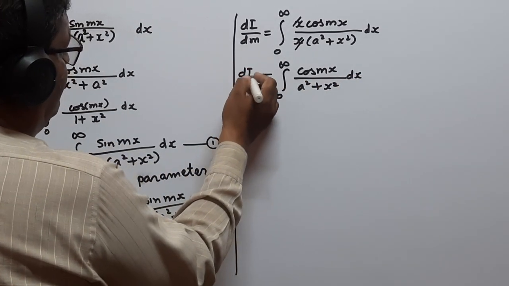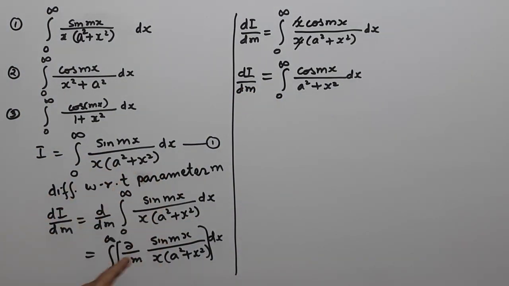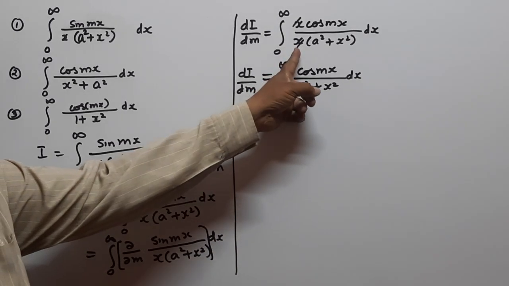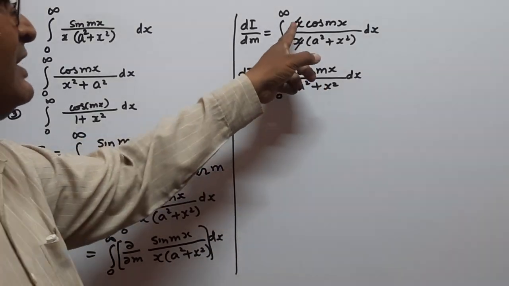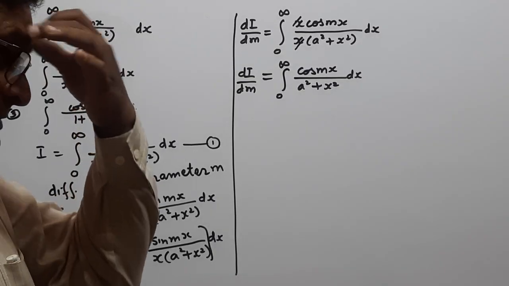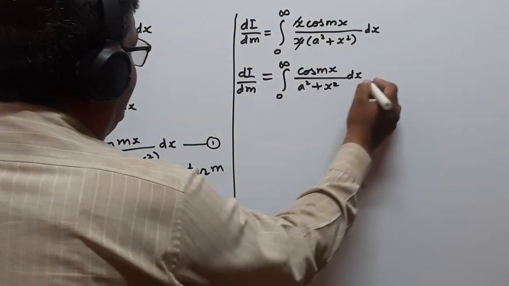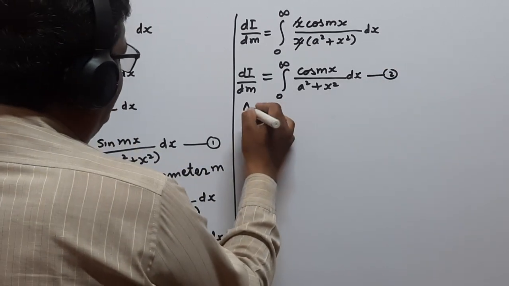You can see that when we differentiate this integral with respect to the parameter m, the x in the denominator is cancelled by the x in the numerator. This is the benefit. Suppose this is the second equation. Now again we differentiate.